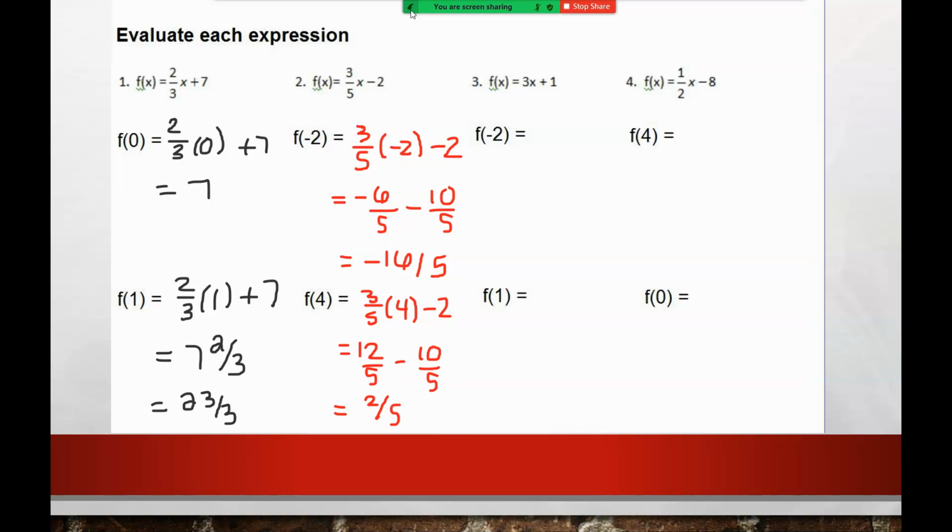And then number 3, you have f of -2. So you plug -2 in for x. So you get -6 plus 1, or -5. And f of 1 is 3 times 1 plus 1, which is 4.